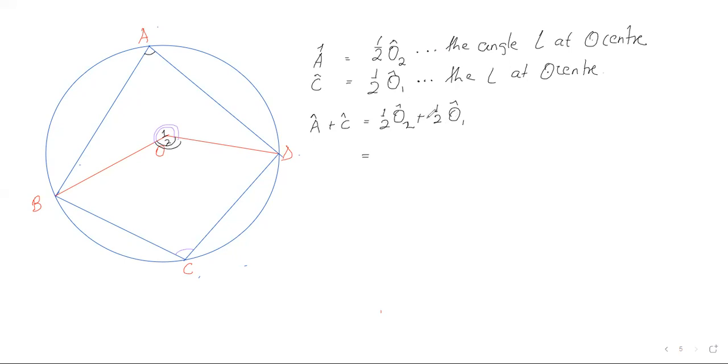See that the half is common there. Then we take half as a common factor, and we have angle O2 plus angle O1.